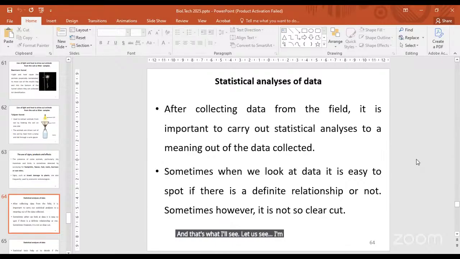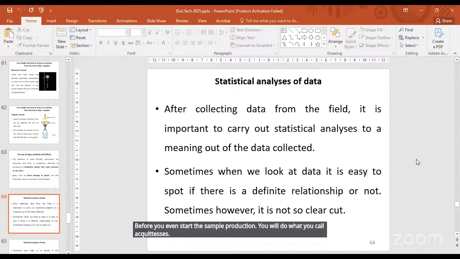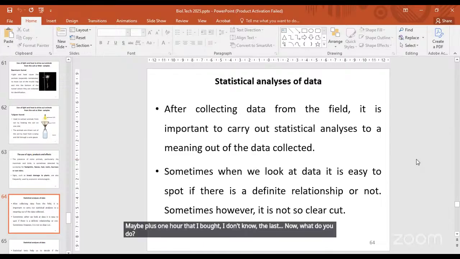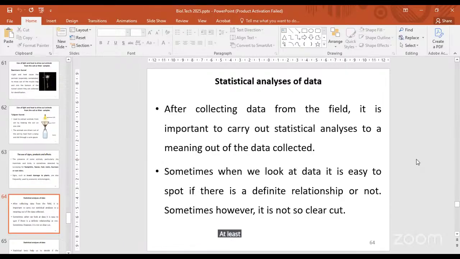Now, usually, before you start your study, or when you are designing your study, before you even start the sample collection, you will do what you call a hypothesis. You learn these things in statistical courses as we did, maybe first semester or thereabout, I don't know. Now, at least there will be two hypotheses.